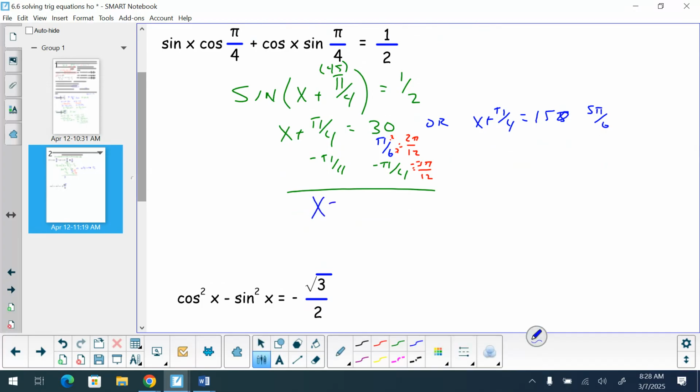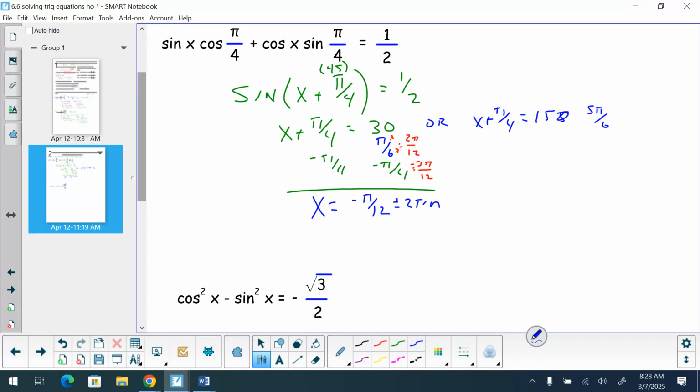So we'd be left with x is equal to 2 pi over 12 minus 3 pi over 12, which would give us negative pi over 12, plus or minus the 2 pi n.